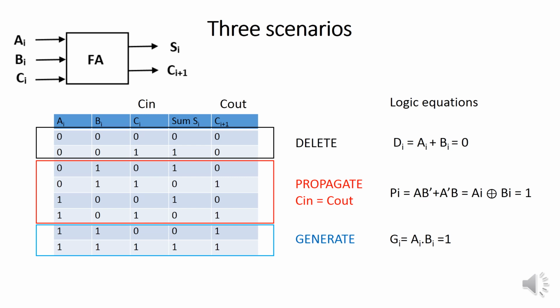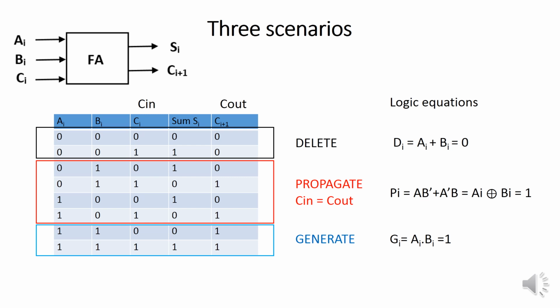So this means that I can now define 3 new logic functions associated respectively to each of these delete, propagate and generate scenarios. From the carry delete scenario, we can say that if A and B are equal to 0, the carry out is 0.